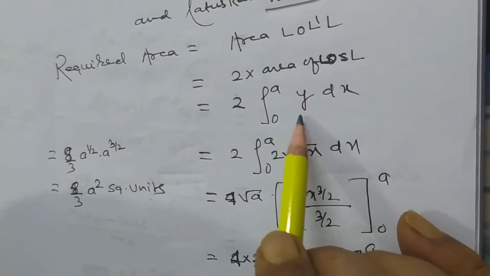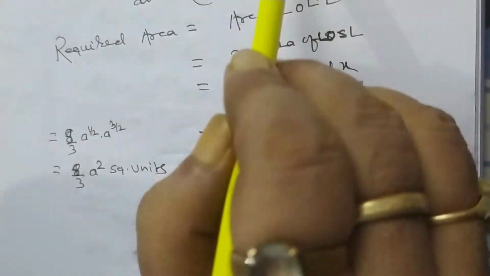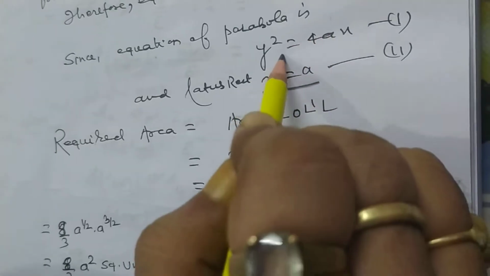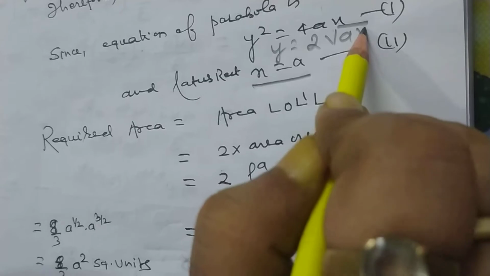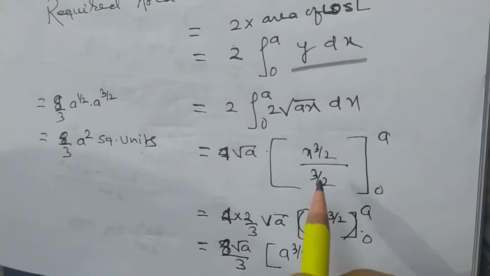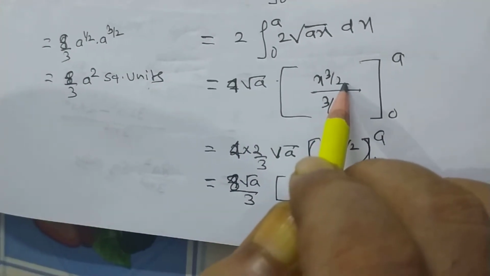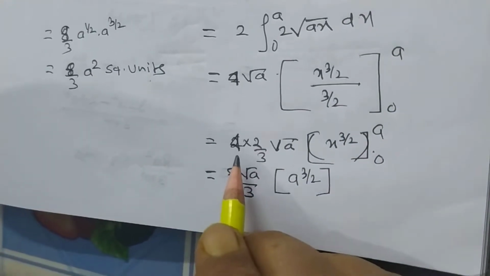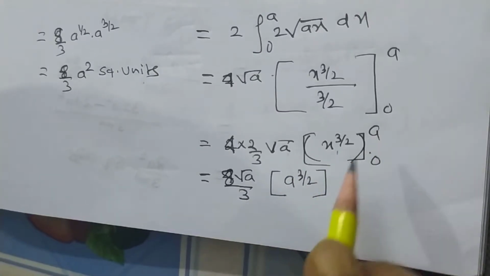So the integral from 0 to a of y dx, and y squared is equal to 4ax, that is y is equal to 2 root ax. So you may write y is equal to twice root ax. So my dear student, after solving the problem, 4 into root a, x to the power 3 by 2 by 3 by 2, from 0 to a. So 4 into 2 by 3 root a, x to the power 3 by 2, from 0 to a.